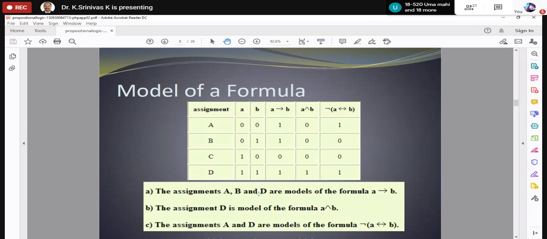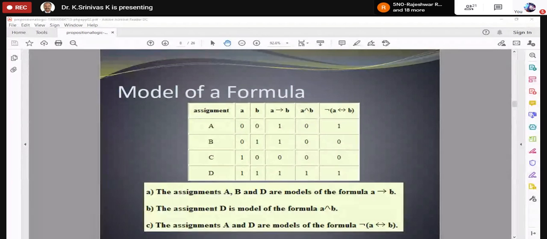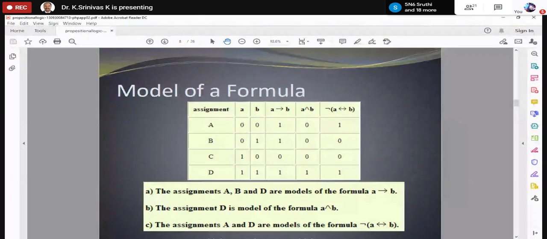We have totally 4 assignments, A, B, C, D, and we have 2 input bits, A comma B. I call it a combination of bits A comma B. The number of combinations depends upon the size.